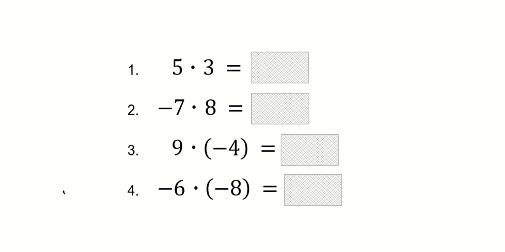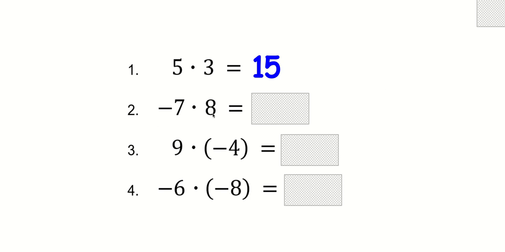So, final stretch. This is combining your knowledge of your times table facts, hopefully as many of them memorized as possible, with negatives. So, positive 5 times positive 3, that makes positive 15.